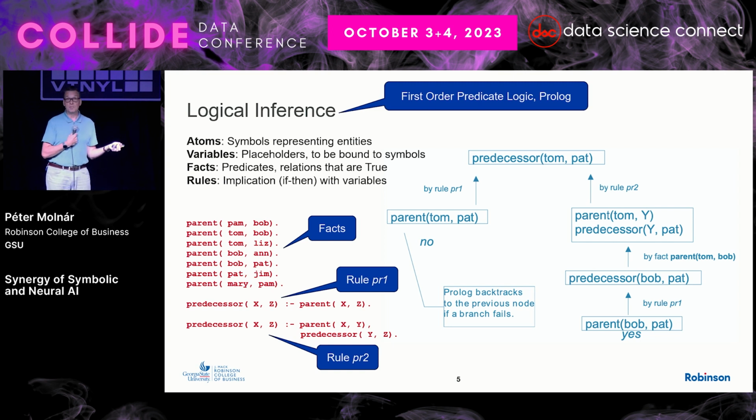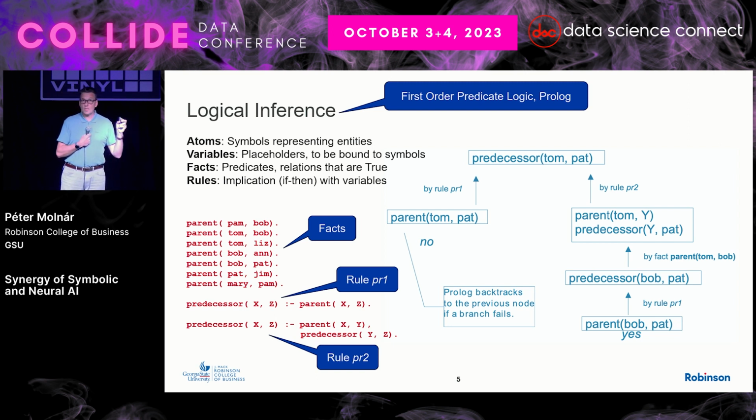In this case, the system is very simple, but we could just ask, for example, who is the predecessor of Bob, or who is a descendant of Bob, and find all predecessors, pairs of predecessors.